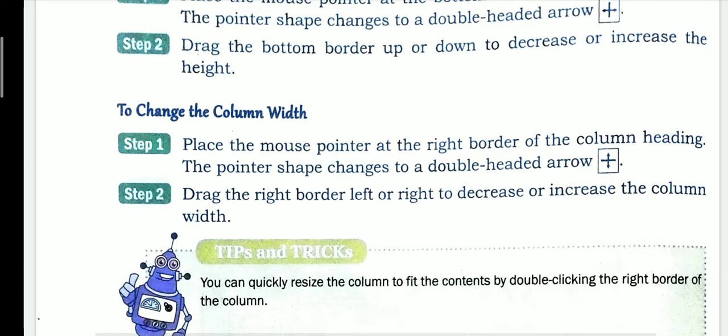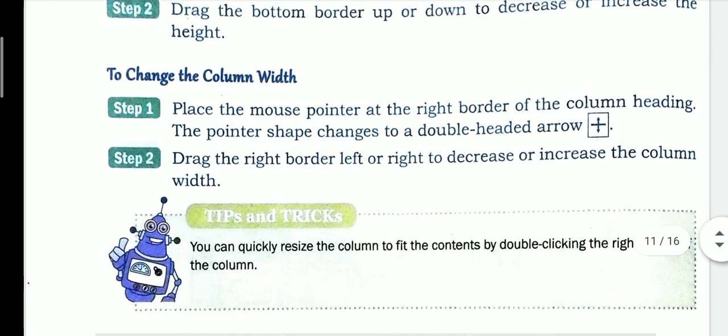After that, drag the right border left or right to decrease or increase the column width on the worksheet. This is the simplest way to rearrange the row height or column width in the worksheet.